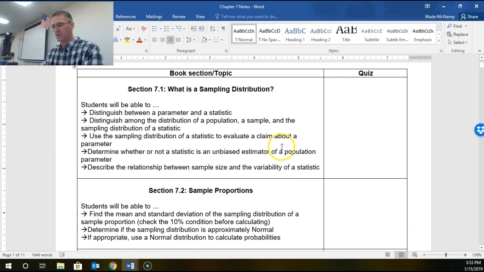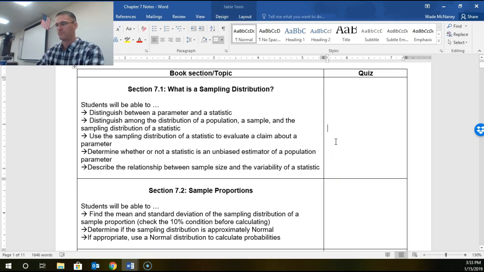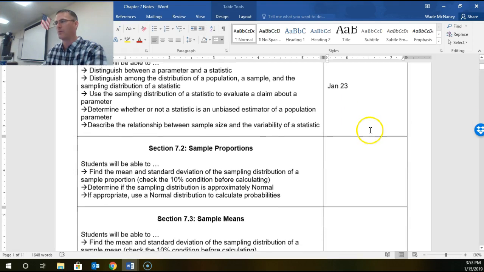And so a couple things on here, a couple of dates that I want you guys to write in here. First of all, the 7-1 quiz will be on January 23rd. January 23rd for the quiz for 7-1. The 7-2 quiz is going to be on January 28th.